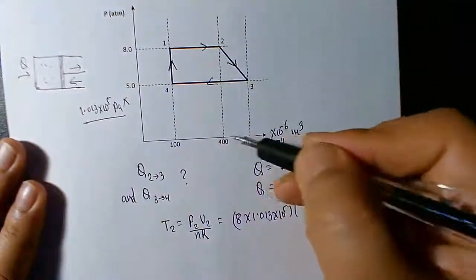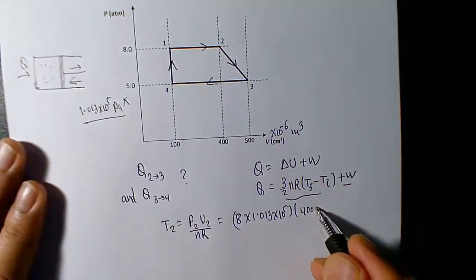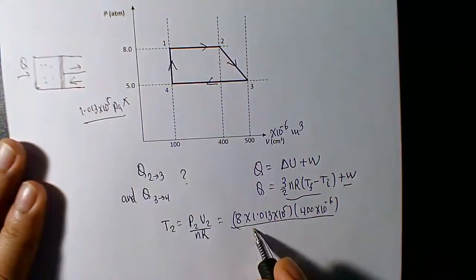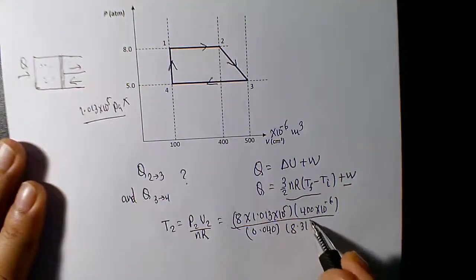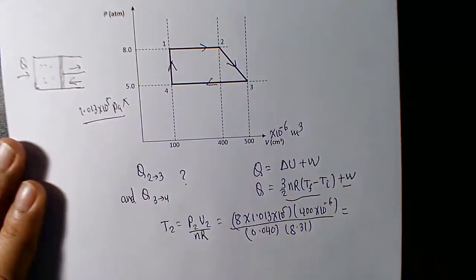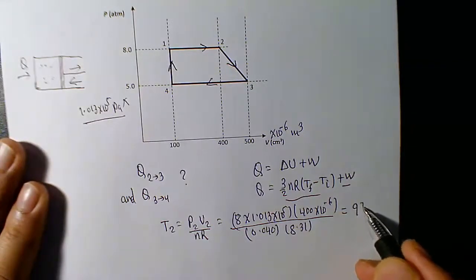Volume at 2 is 400 cubic centimeters, so 400 times 10 to the power -6, divided by the number of moles, which is given as 0.04, and R is always constant.